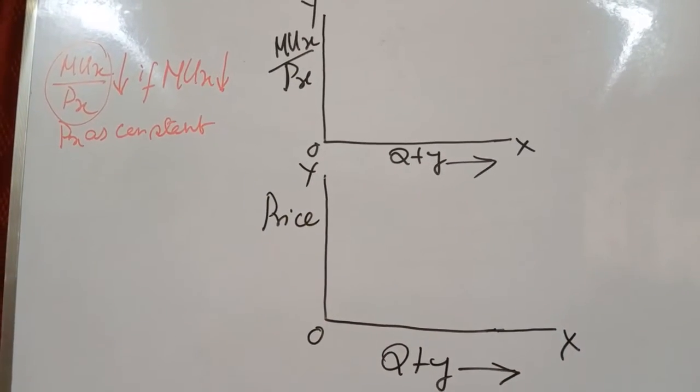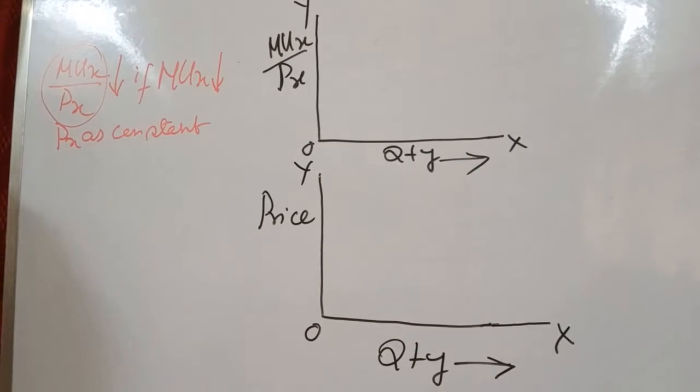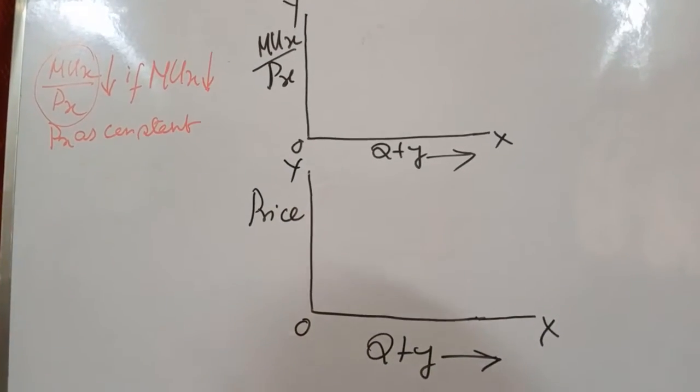If numerator falls, denominator remaining fixed, then the whole value comes down.